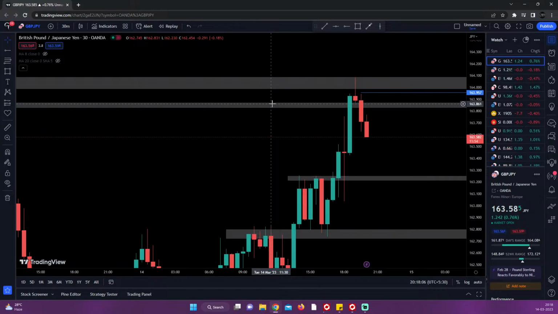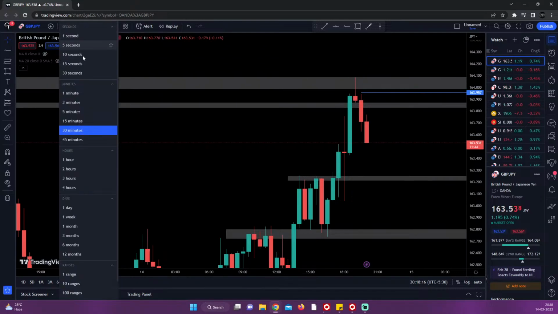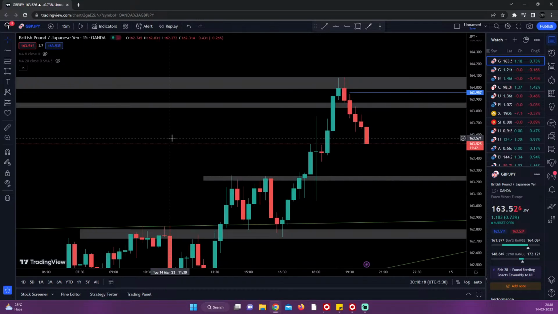Okay, so here we go. GJ is moving down. Okay, so look over here. What's happening? This current candle hasn't created a higher wick, and it just starts dropping down really fast.